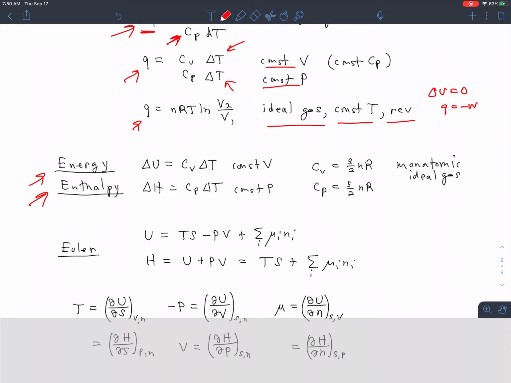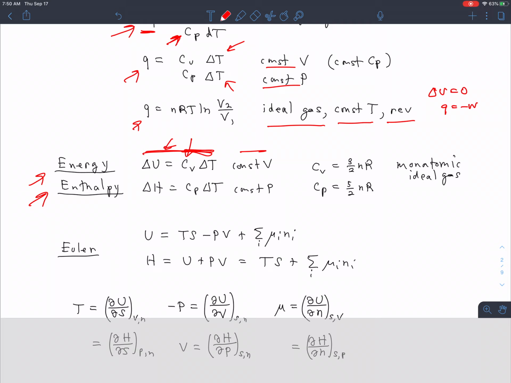Then for energy and enthalpy changes, the energy change at constant volume is equal to CV delta T. Of course, if you're not at constant volume, then there are other contributions, and so this doesn't work. But if you're not at constant volume, then CV doesn't apply anyway, so this formula always works when it's applicable.